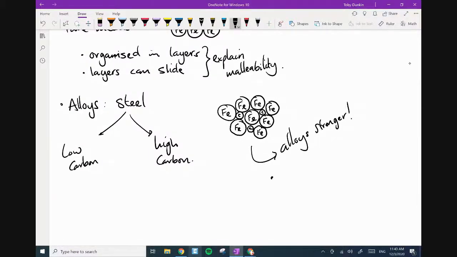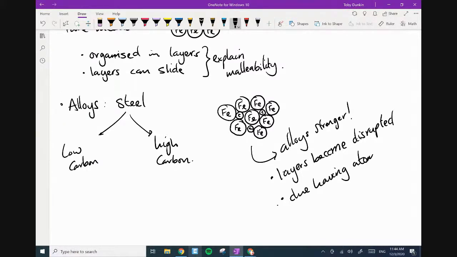What we say is that the layers become disrupted due to having atoms of different sizes. You guys are all remembering this. Different sizes.